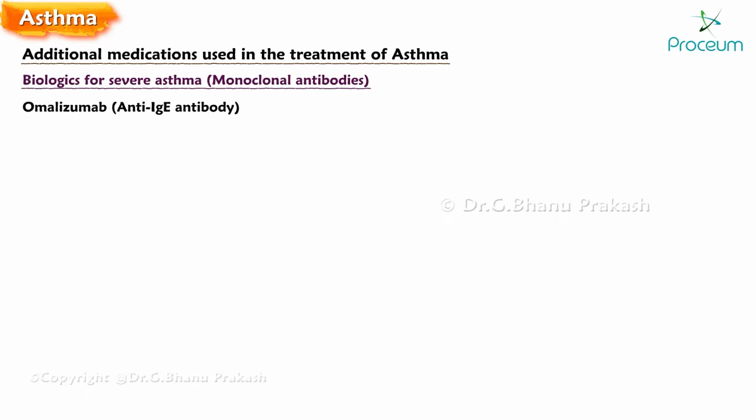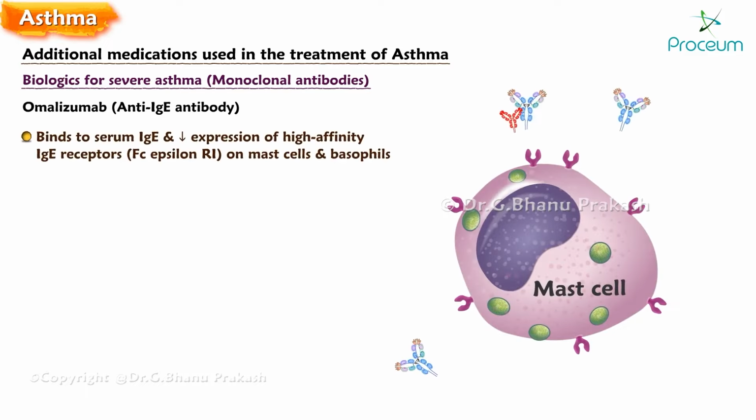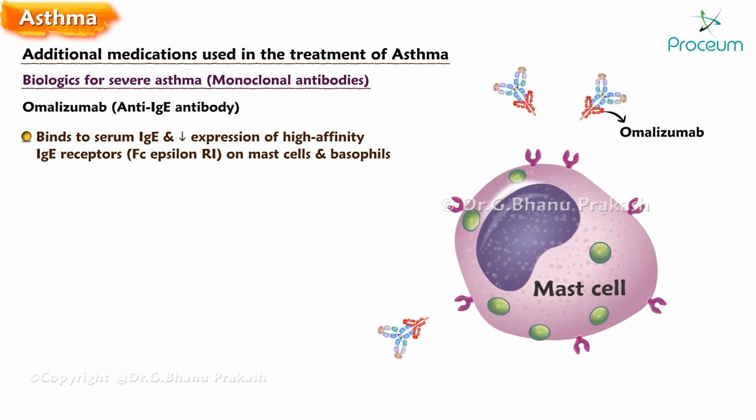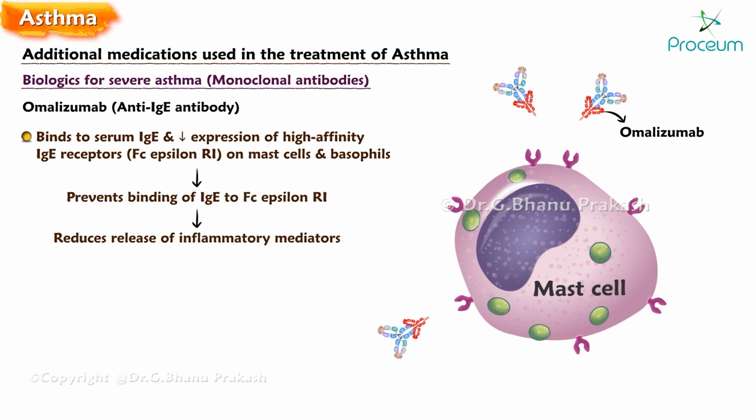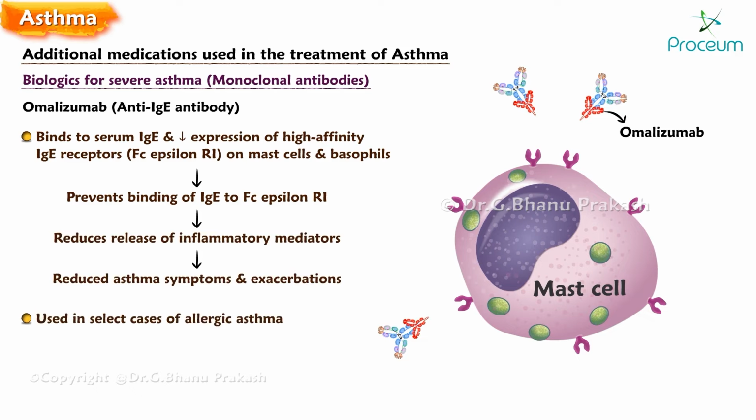Omalizumab, anti-IgE antibody, binds to serum IgE and decreases expression of high-affinity IgE receptors on mast cells and basophils. Prevents binding of IgE to Fc epsilon RI, reduces release of inflammatory mediators, reduced asthma symptoms and exacerbations, used in select cases of allergic asthma.